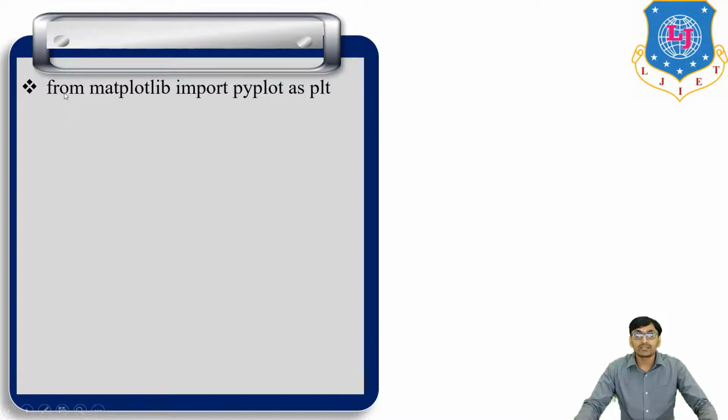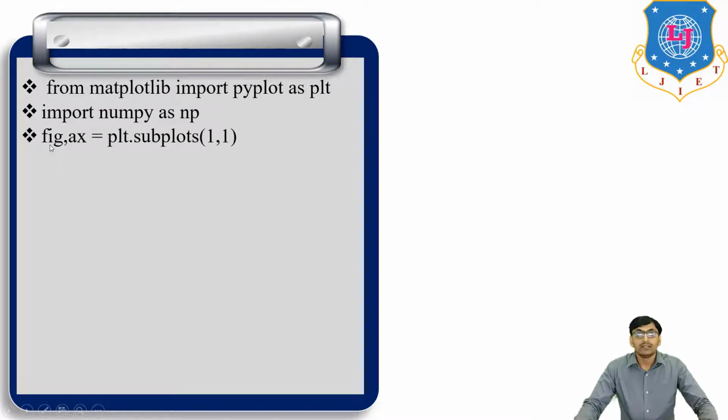So first step, from matplotlib import pyplot as plt. Then import numpy as np. Okay. Then fig, ax is equal to plt.subplots(1, 1). It means make one subplot for this histogram, with dimension 1 by 1.